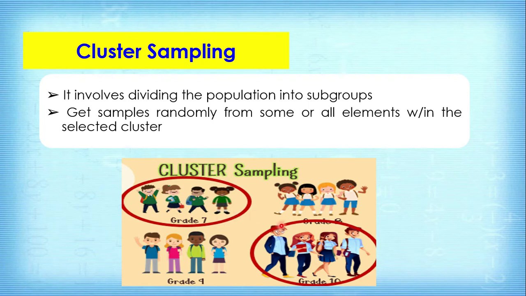But in this case, you're going to select randomly per level. And then, you will be able to use that per level or as a group as your whole sample from this given cluster. So in this case, we can use grade 7 and then grade 10.